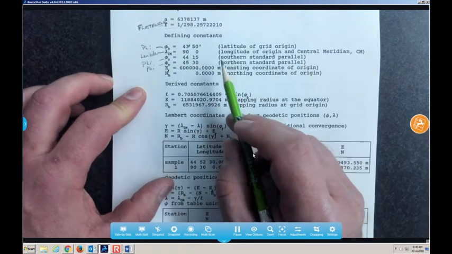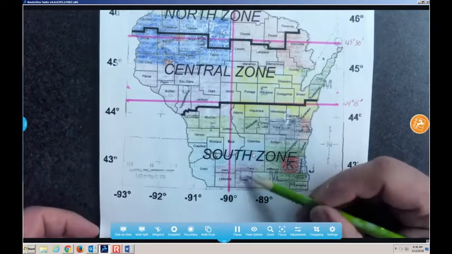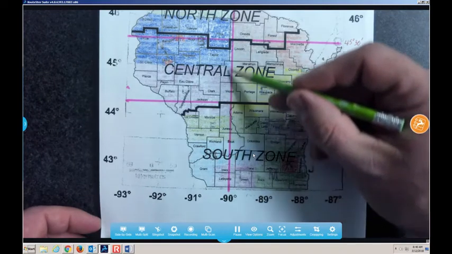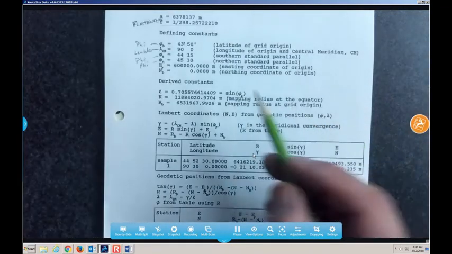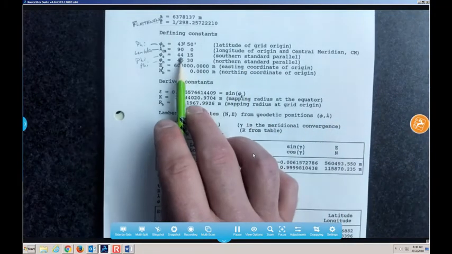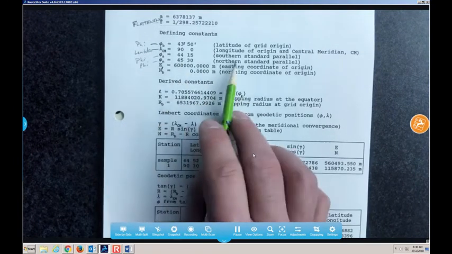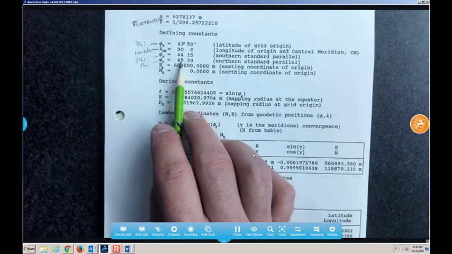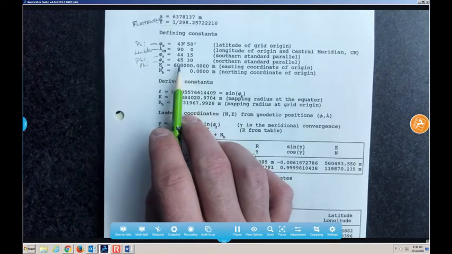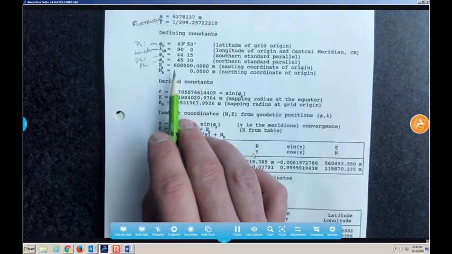If you looked on that map, it showed 90 degrees. Here, 90 degrees. This is our central meridian. Then the southern standard parallel is at 44.15. So we're in the central zone. The northern standard parallel is 45.30, which I showed you on that sketch. So these are the parameters for the central zone.